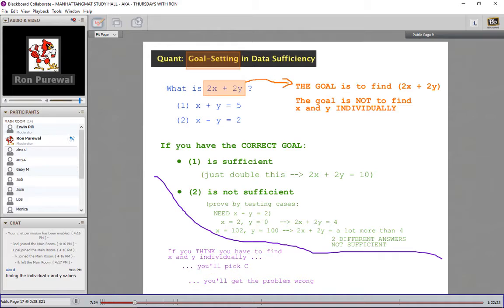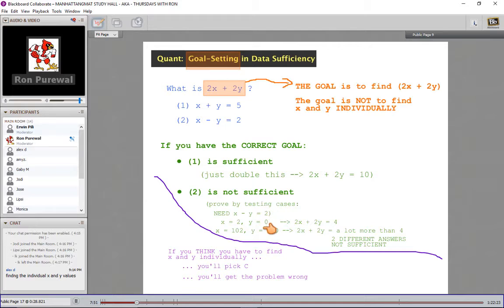Because in a multiple choice problem, if they gave you these 2 pieces of information, you would be able to solve the problem. I mean, you would actually be able to find x and y. You wouldn't have to. You would just waste a bunch of time doing that, but you'd be able to do it, is the point. Whereas in data sufficiency, you might have to combine the statements, but you might not.